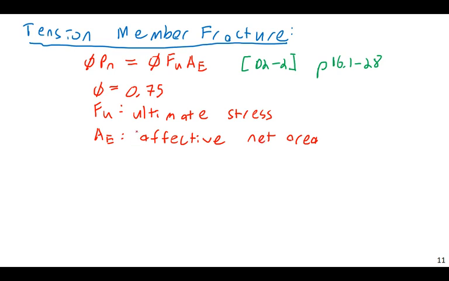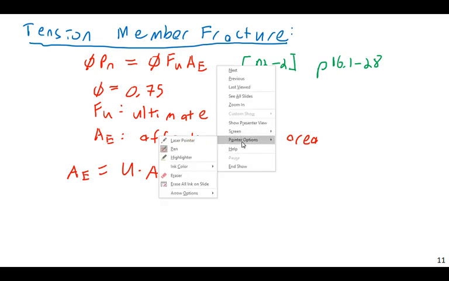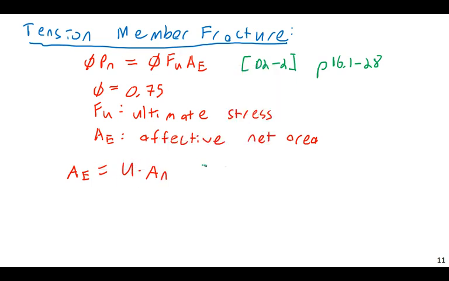It is laid out in another equation, D3-1, and that is AE equals U times AN. This is equation D3-1 on page 16.1-29.